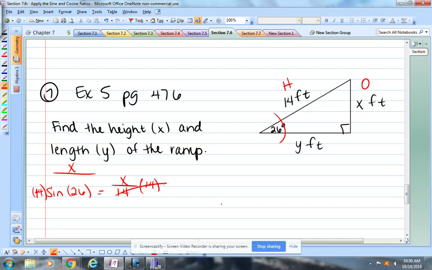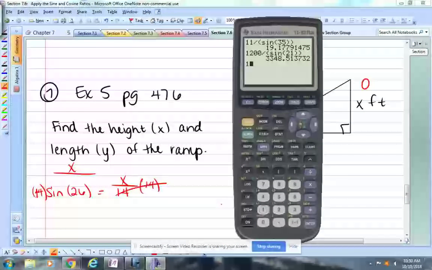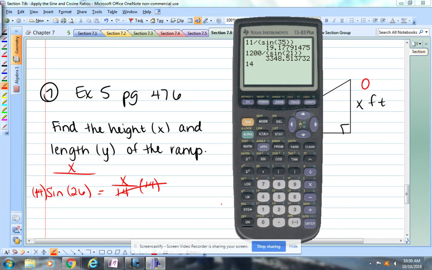You can put times in there, but you don't have to. So you're going to hit 14 times the sine of 26 degrees. Make sure you close your parentheses on your 26. And these are in feet. So that's approximately 6.14 feet, right?